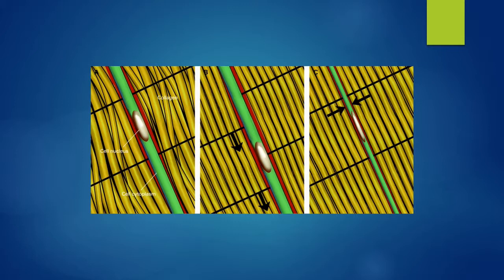And then this white structure here is the cell nucleus. And then outside the tendon cell, we have the collagen fibers. And because this tendon is at rest and not under any particular load, it shows a slight disorientation of these collagen fibers.